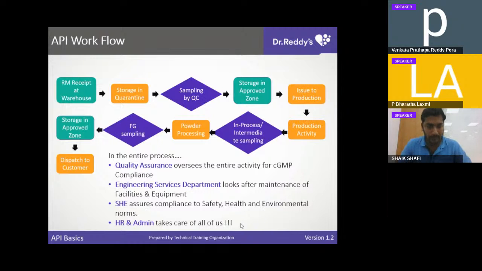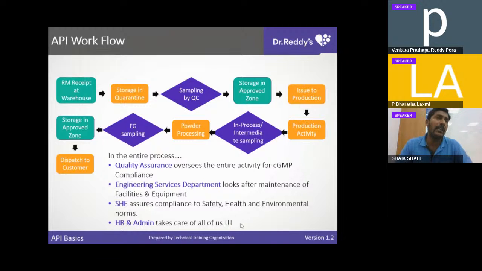Will excipient compositions inhibit the hazardous activity in API? No, the purpose of excipients is to mask the odor and taste.